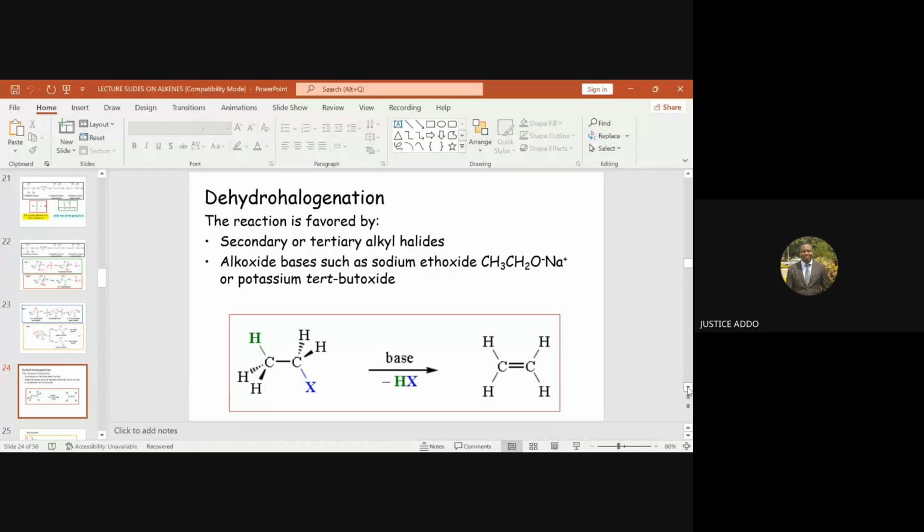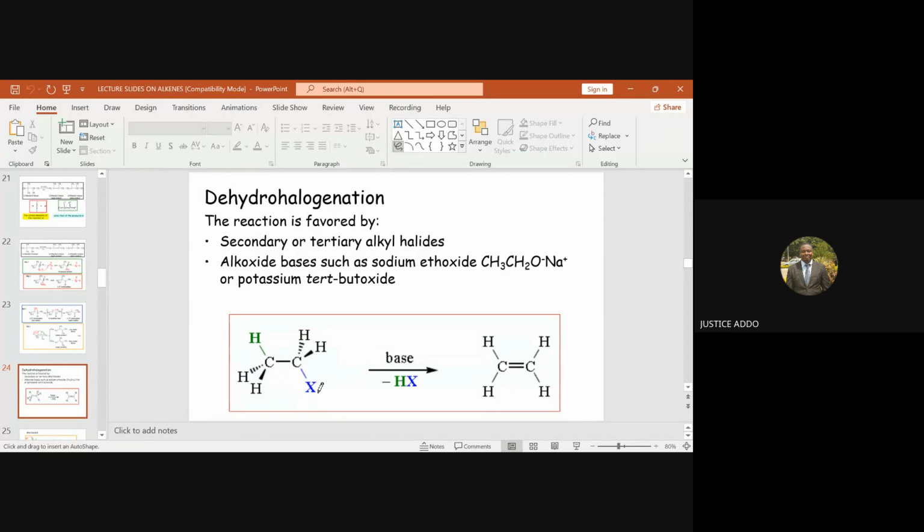And here too, you are removing a hydrogen and a halogen. That's why we call it dehydrohalogenation. And the type of alkene you form is that the carbon that the halogen, so X here is representing all the halogens.